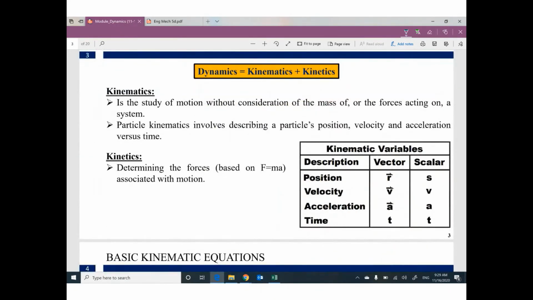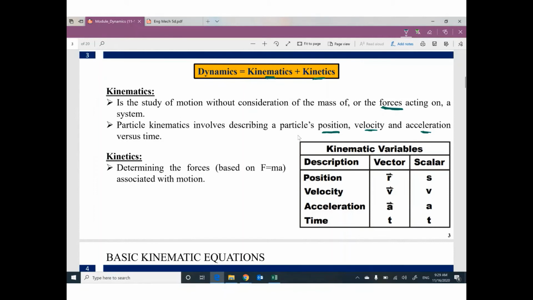Dynamics can be divided into two main parts, kinematics and kinetics. Kinematics is the study of the motion of the particle or the structure regardless of how much load or force you have. We need only to focus on position, velocity, and acceleration.